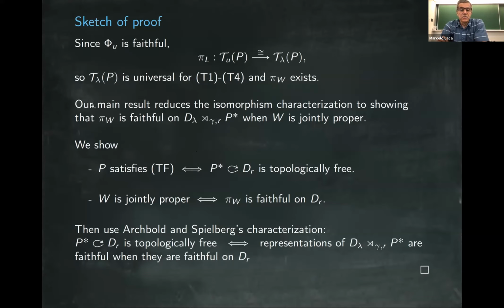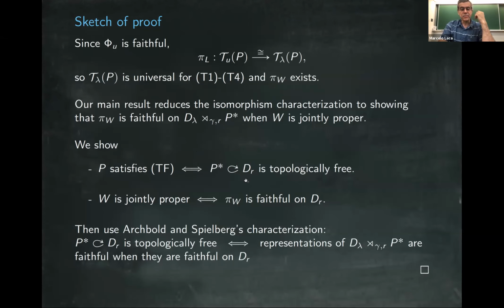And then, because of the main result, faithfulness of the representation pi_W boils down to faithfulness on the restriction to the subalgebra D_lambda cross product by P star. So we need to show that D_lambda cross product by P star is faithfully represented whenever W is jointly proper. What we show is that our TF semigroups are precisely those semigroups for which the action of the units on the diagonal is topologically free.